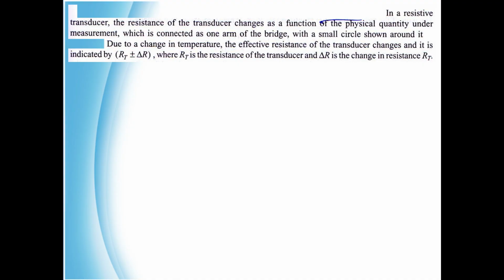Due to a change in temperature, the effective resistance of the transducer changes, and it is indicated by RT plus or minus delta R, where RT is the resistance of the transducer and delta R is the change in resistance of RT.